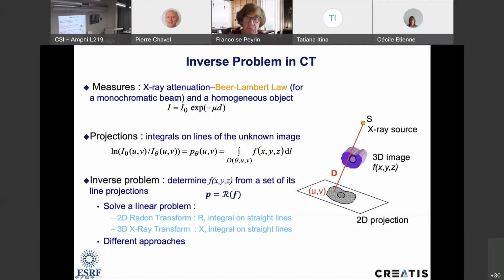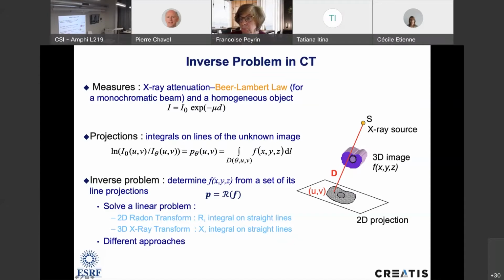So now we have to model a bit more what are these measurements. These measurements actually are well modeled by the Beer-Lambert law, which says that when an X-ray beam crosses an homogeneous object, that means made of a single material, for a monochromatic X-ray beam, this beam is attenuated, and this attenuation follows an exponential law.